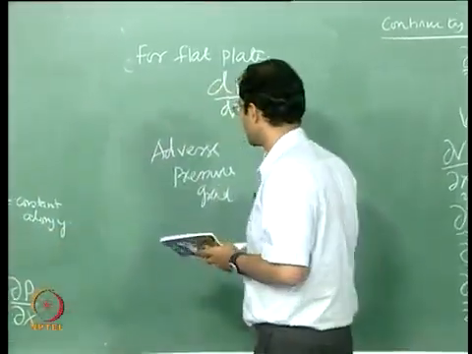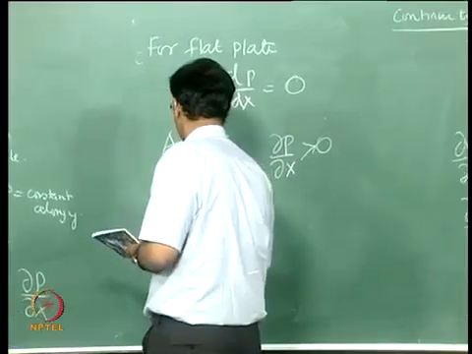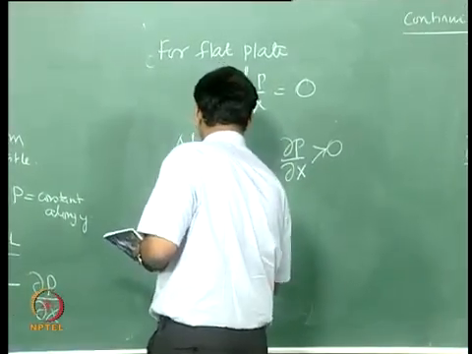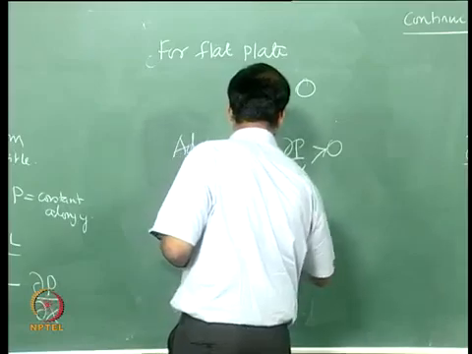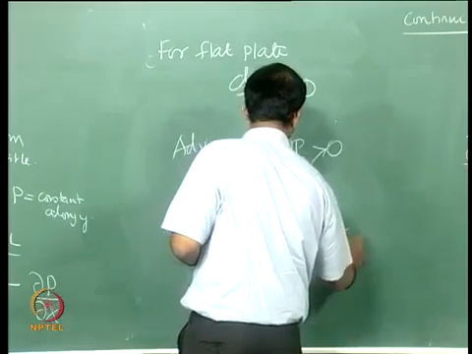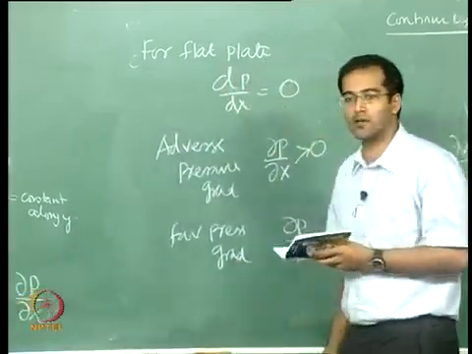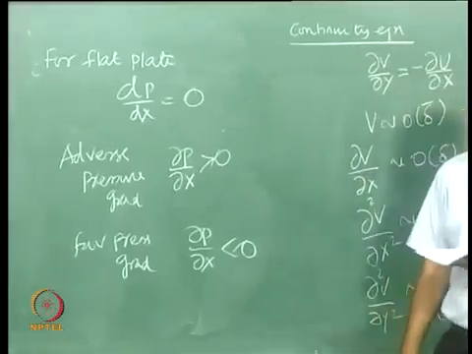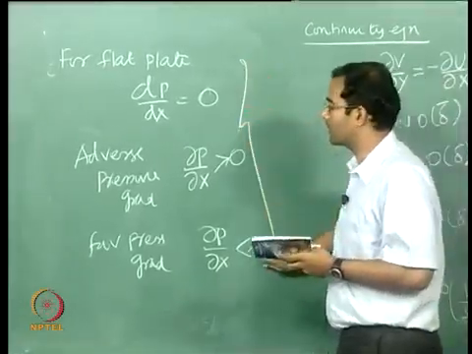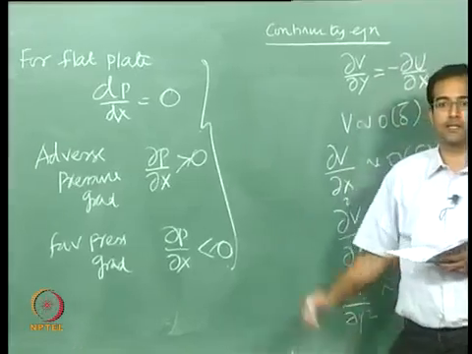You can have favorable pressure gradient where your dp by dx should be less than 0, so that means your velocity keeps increasing. You can have either of these depending on the kind of flow externally that you are looking at.